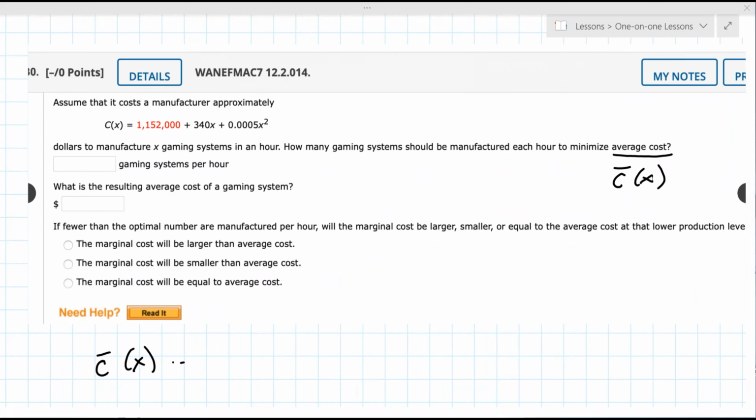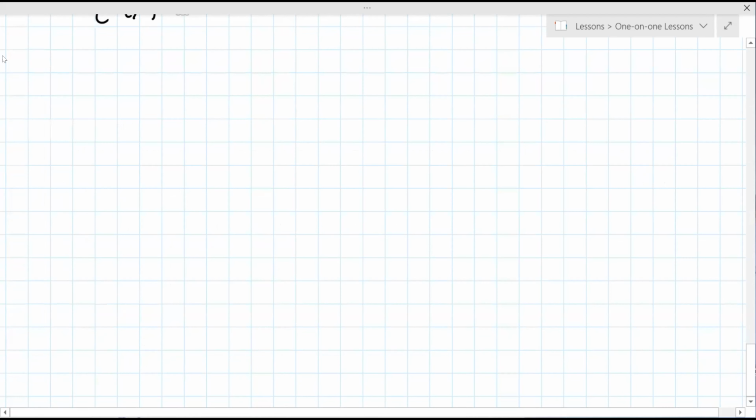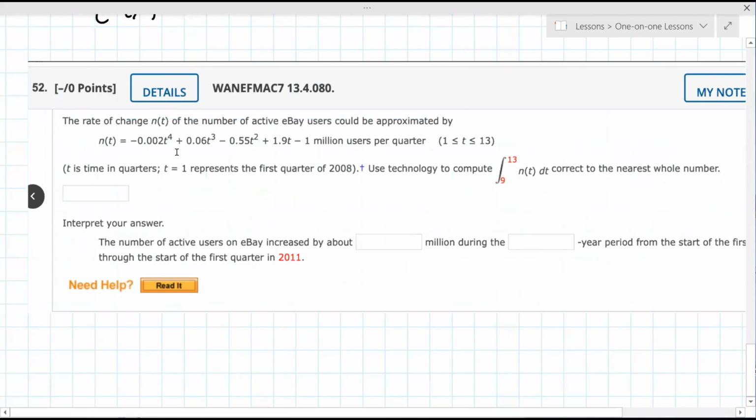Looking like 52 maybe. Yeah, it looks like 52 is the next one here. All right, the rate of change, they give you some function here.